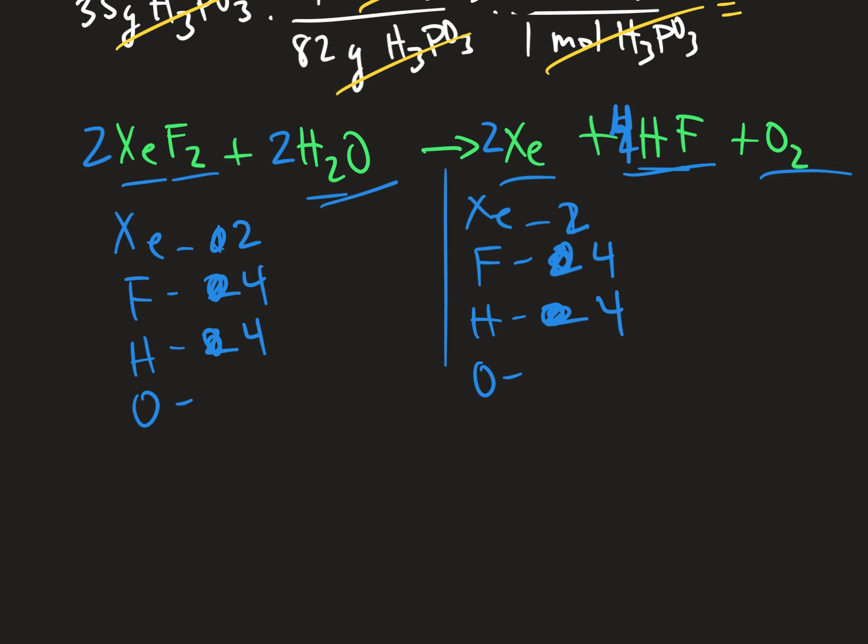And now oxygens, 2 apiece. So you can still do it. Not a problem. So if you want to get rid of those tips and tricks, then do. Okay?